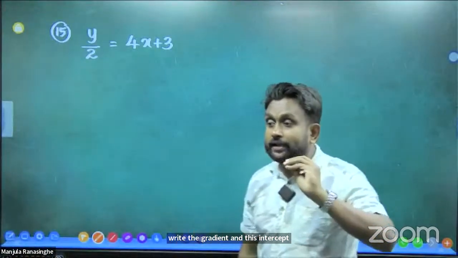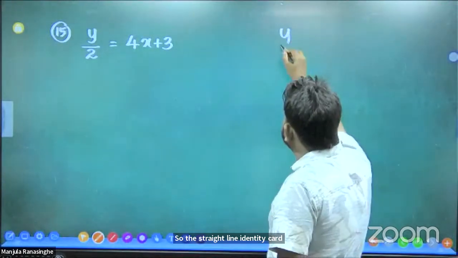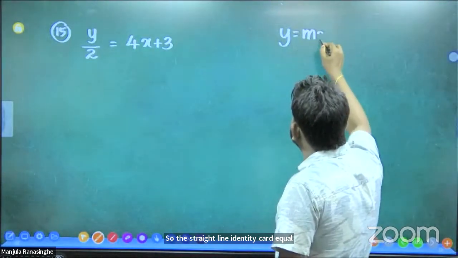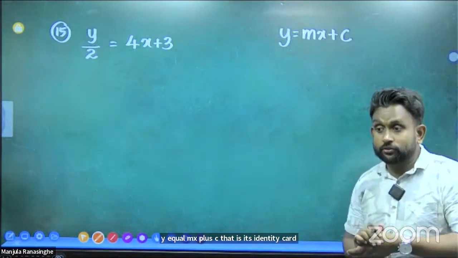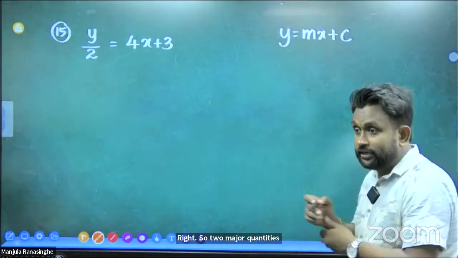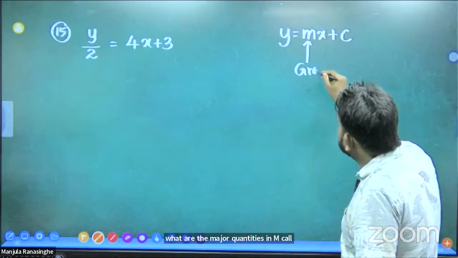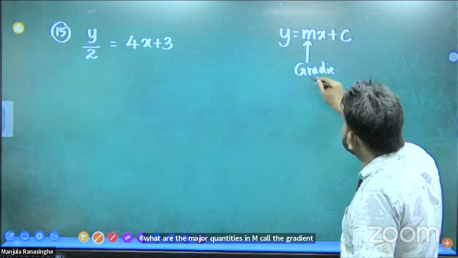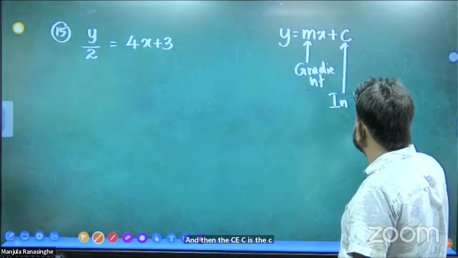The straight line's identity card is y equal mx plus c. That is its identity card, right? So there are two major quantities to know. What are they? M is called the gradient, and C is the intercept.